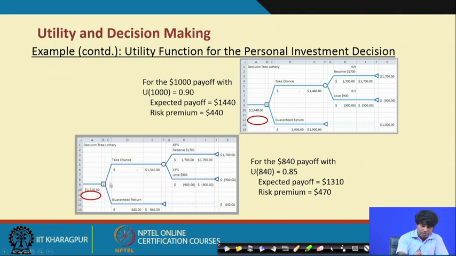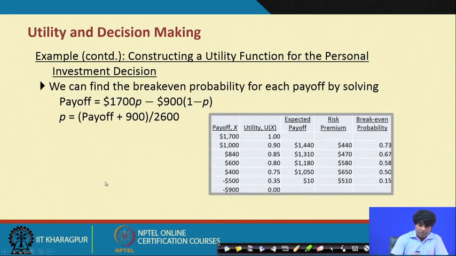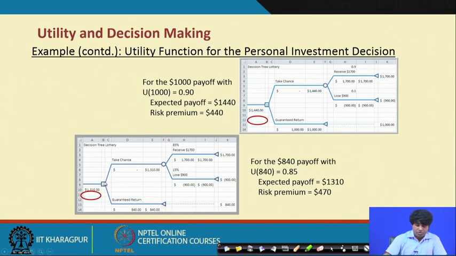So, this is the starting node, and it has two different options, and the first option is take a chance and the other is guaranteed returns. That is how the risks will appear here, and as a result we have two different options. In one case we have 85%, in another case we have 15%.